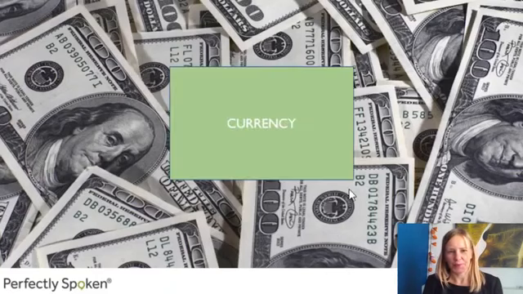Here we go. So first of all, earlier I was talking about pound notes. So in the UK we have pounds. In Europe we have euros and cents. In the United States of America they have dollars.